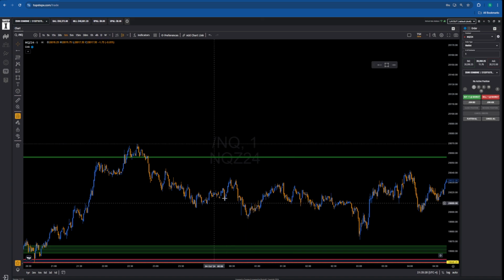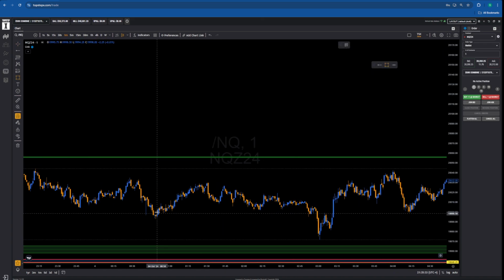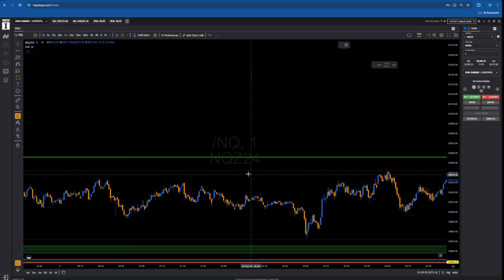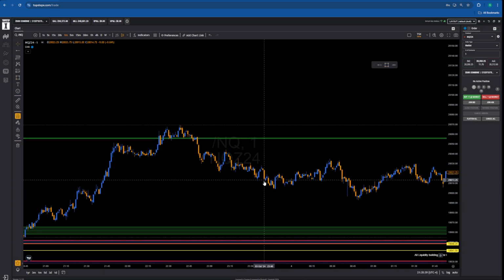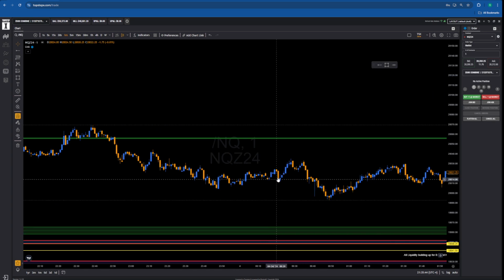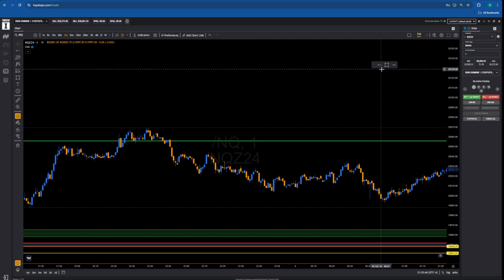Let's see, did I mark? Yeah, so I haven't marked the midnight open of the 4th. I'm just gonna mark that real quick. So there's the midnight. Increase the size.